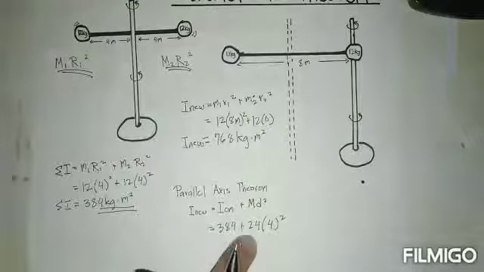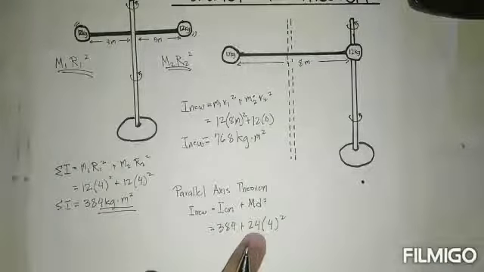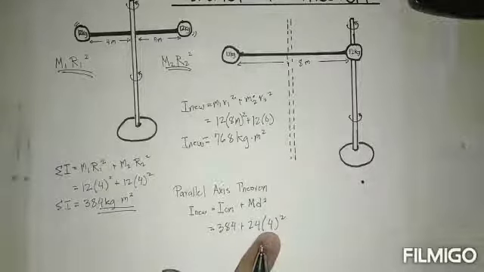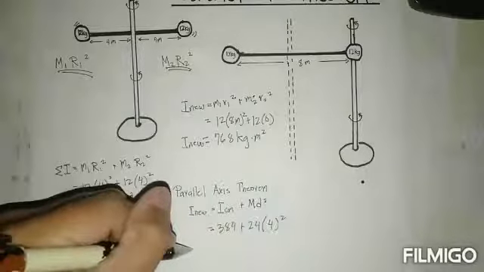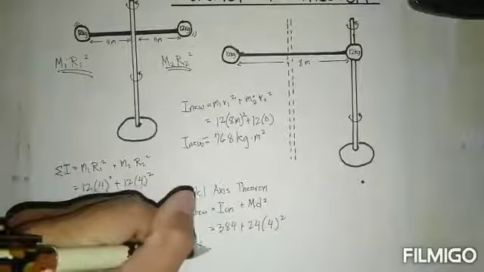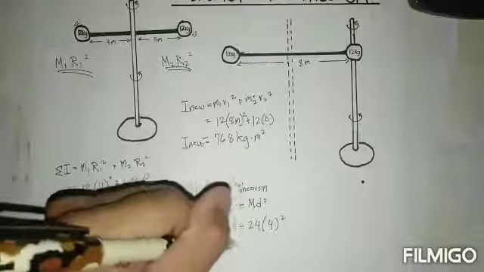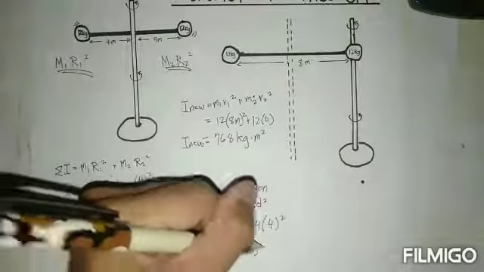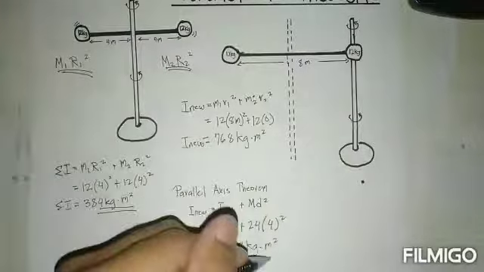M is the mass of the whole system, and D is the displacement of the axis of rotation, and we displace it about 4 meters. So the answer would be 768 kilograms times meter squared.